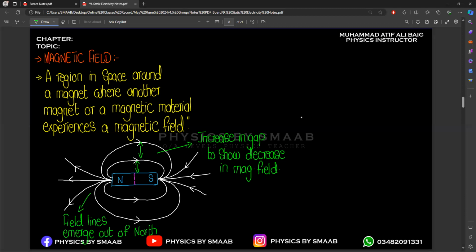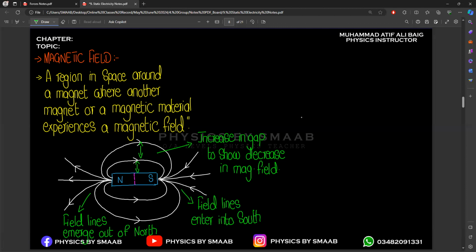And if you consider the south side, field lines enter into south. Any confusion in this idea?